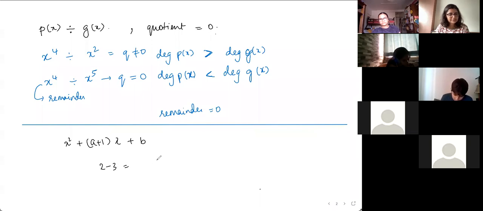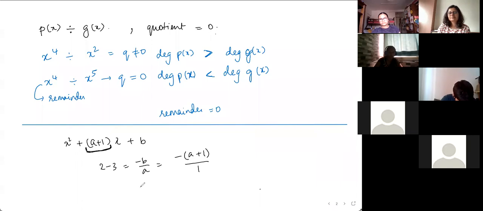How? Like 2 minus 3 equal to minus b upon a. What did you do over here? Instead of minus b, what did you put? I put minus 1. I didn't think of putting 1 there. A plus 1 is the coefficient of x, right? So this will be minus of a plus 1 divided by 1. Okay.